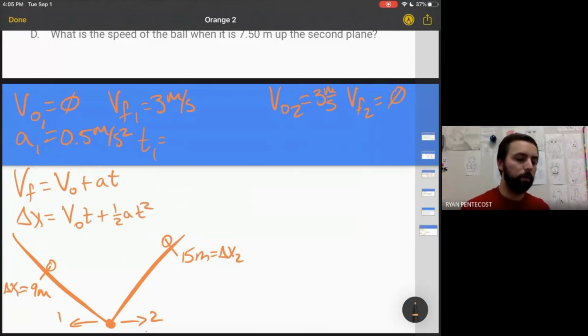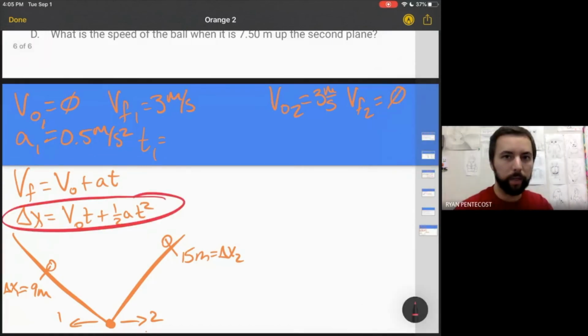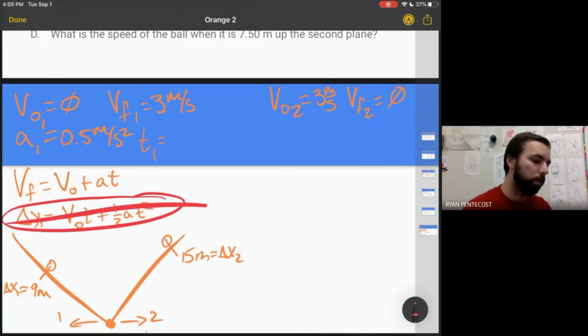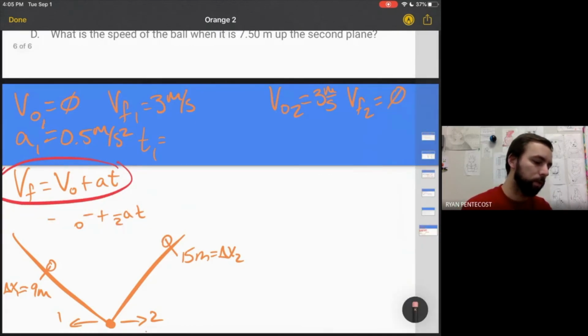Now this one is not bad if you already have time, because then you can just put it in, multiply it, square it, not an issue. But if you need to solve for time, don't use it. This is the one you need if you're going to actually solve for time. So let me erase my scribbles. We will use this guy to solve for time.